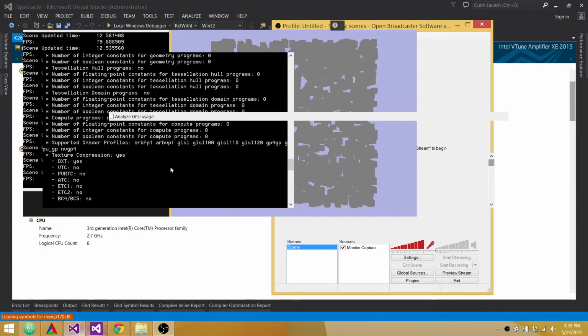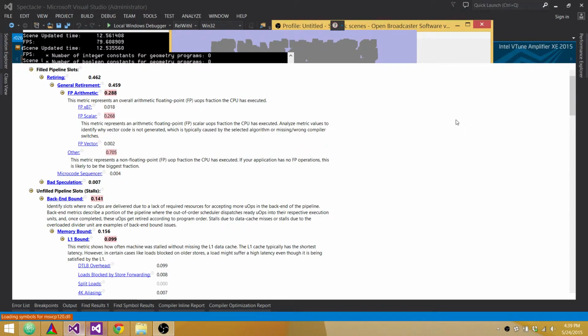So it's suggesting that I need to make some changes to allow vector code to be generated, and that makes sense. I haven't put any time into vectorization for my floating point math, so I'm kind of relying on what Ogre is providing for me, which is not a lot in terms of the collision system.